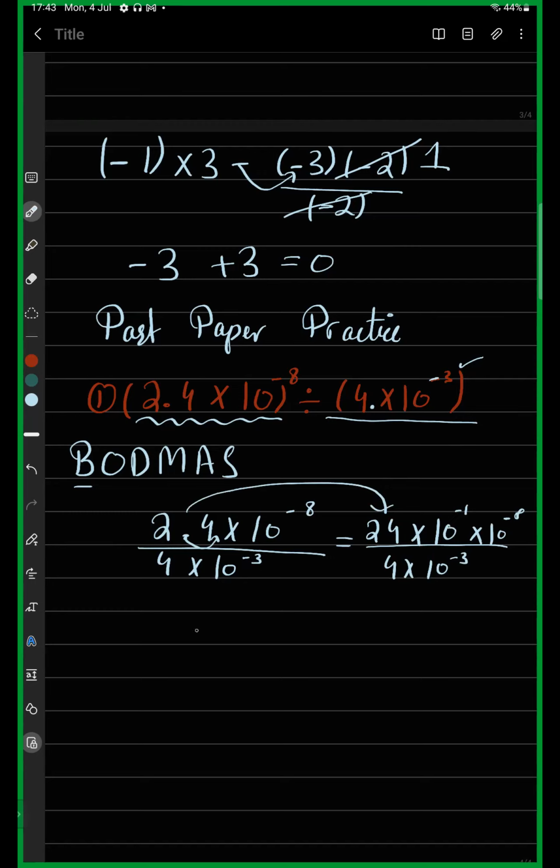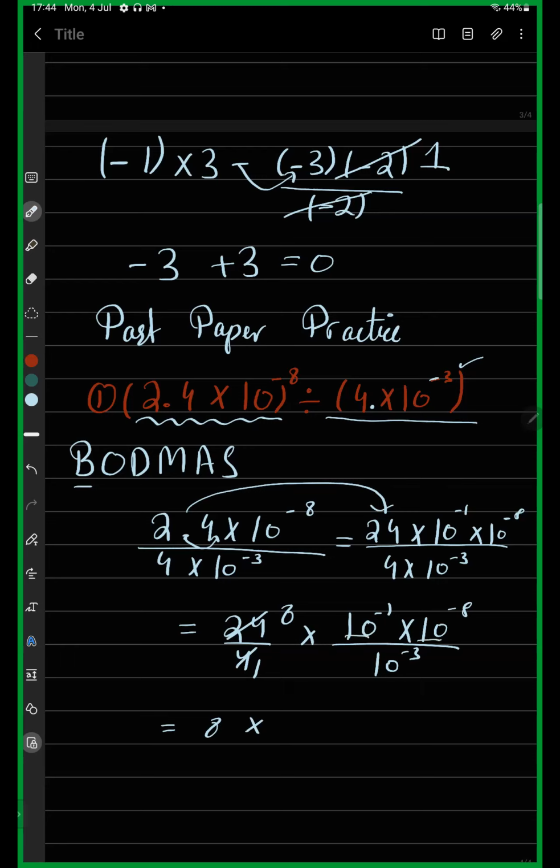Now we are sorted. Now I can write it as 24 divided by 4, and then it's being multiplied by 10 power minus 1 multiplied by 10 power minus 8, and then divided by 10 power minus 3. This is 1 times and this is 8 times. In the numerator, we have two numbers which are the same and their powers are different.